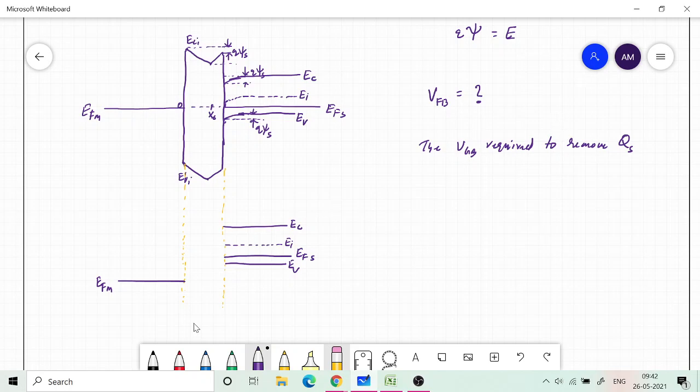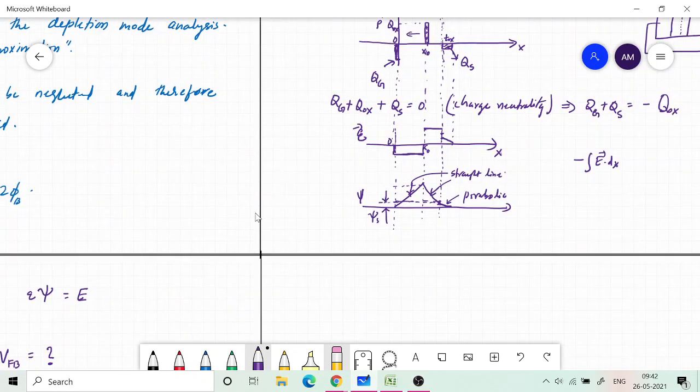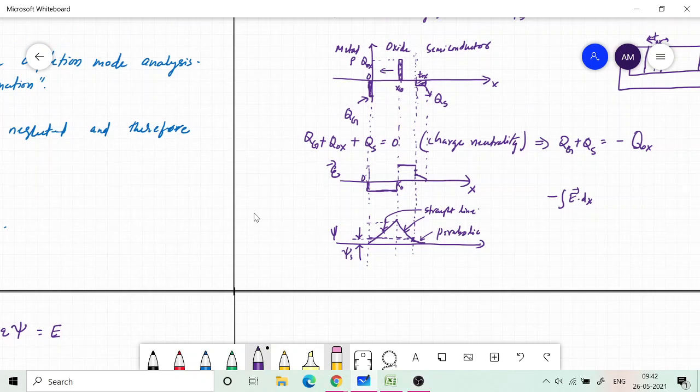We can go back to our earlier diagram. This condition still has to be valid for charge neutrality. If charge in the semiconductor goes to 0, then QG is going to be minus QOX, and there is no charge here. If there is no charge here, there will be no flux line to the right side, and therefore there is going to be no voltage difference to the right from X0 onwards. There will be no voltage drop.